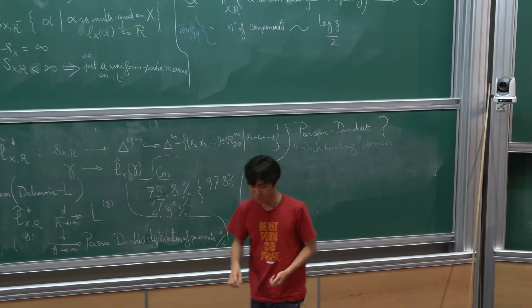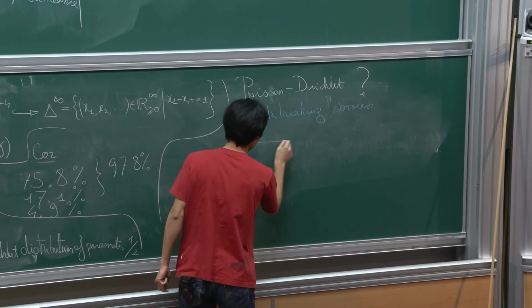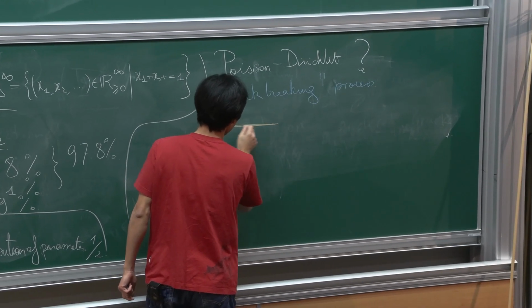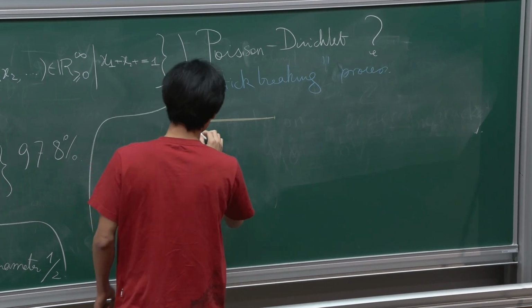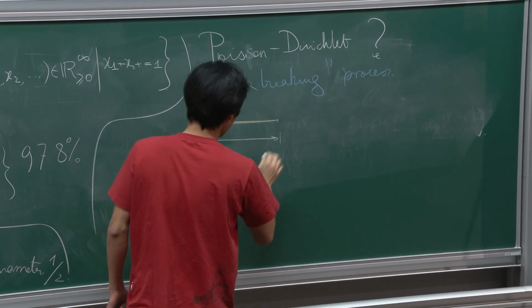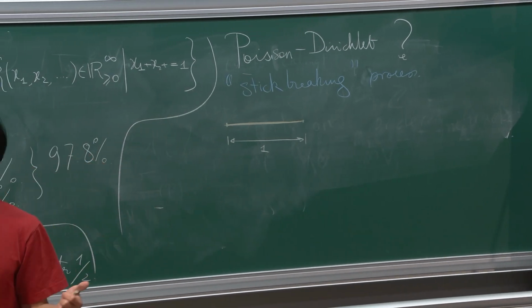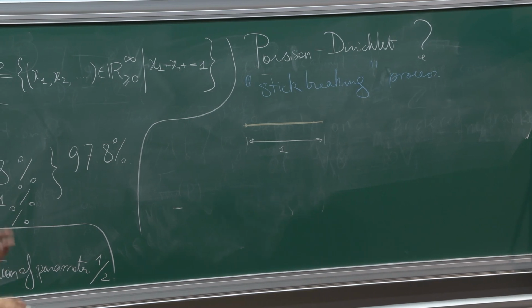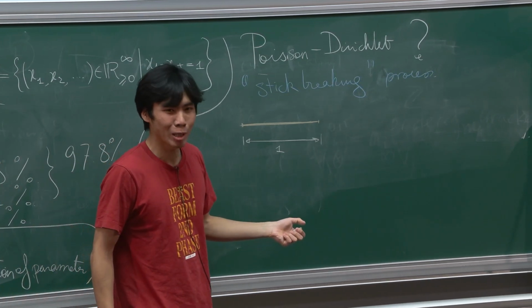It works as follows. You have a stick of length 1, and you decide to cut it into many pieces, and you cut it randomly. What you have is a sort of random number generator.